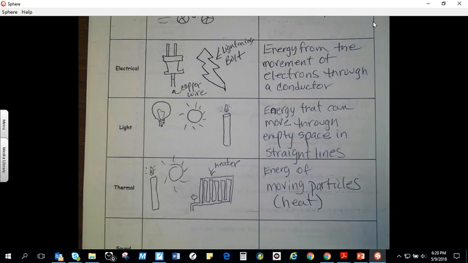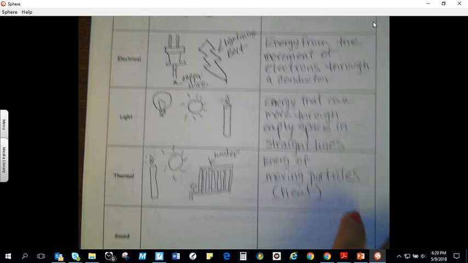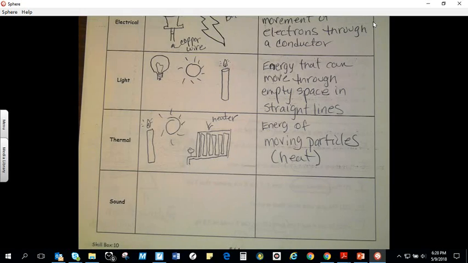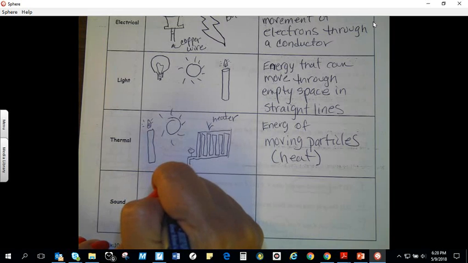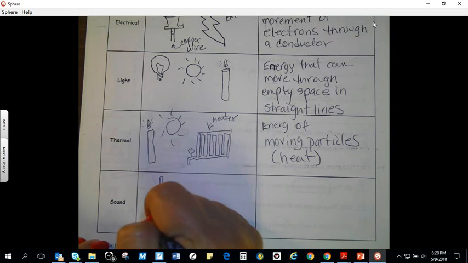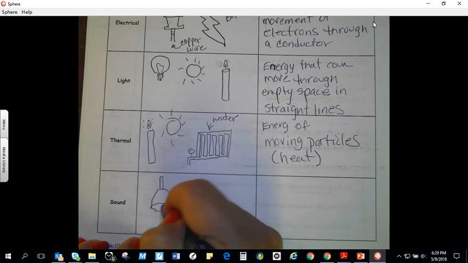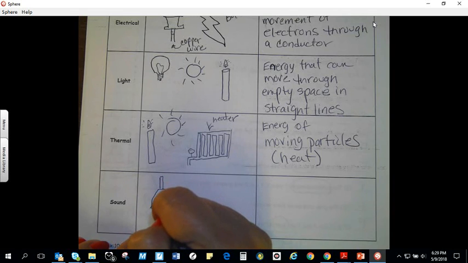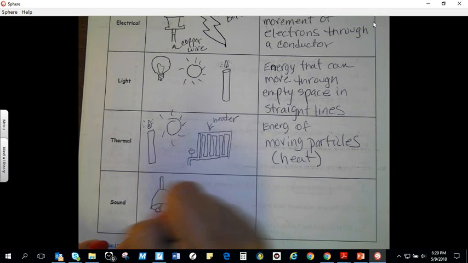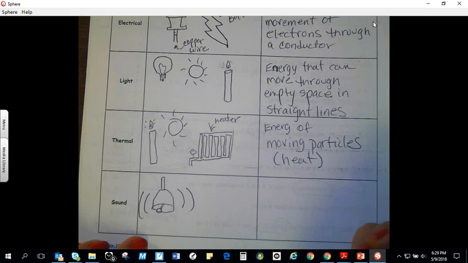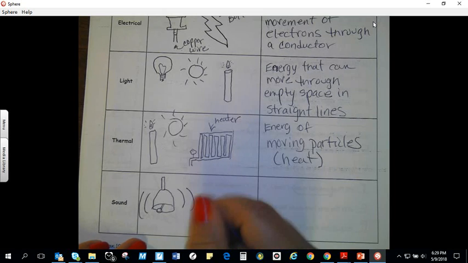Okay? And the last one is sound. Let me see if I can scoot this up. So we have sound energy. So an example of sound energy, let's say we have the bell. I'll do that for the sound. We also have the gong in the classroom. We also have a bell.